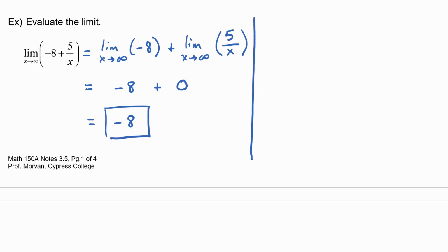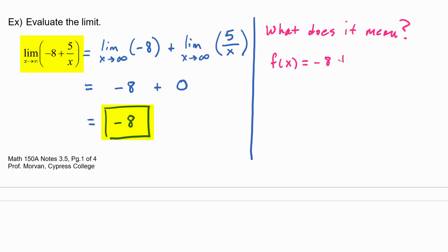Now what this means is, if you have a limit at infinity and that limit equals a real number, then applying the definition of horizontal asymptote means that this function f of x equals -8 plus 5 over x has a horizontal asymptote at y equals -8.